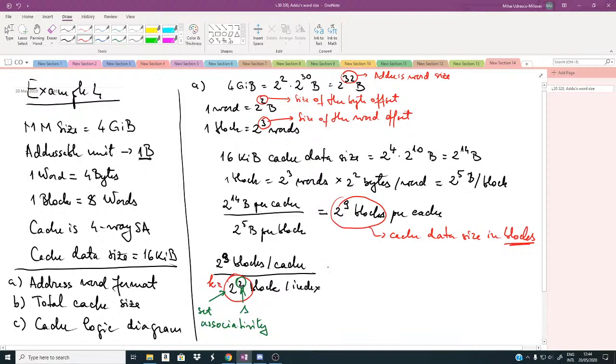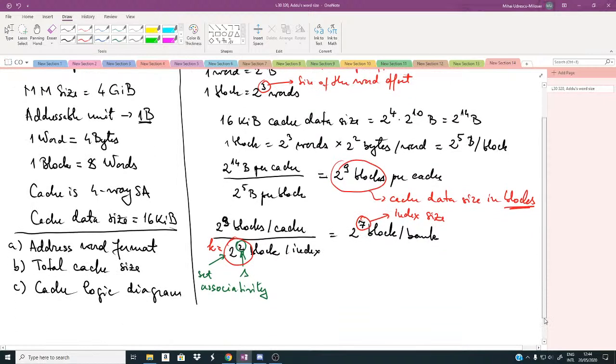Now, when I divide this, I get 2 to the power 7, and that is blocks per bank. And 1 block is 1 cache line. So this 7 is the index size.